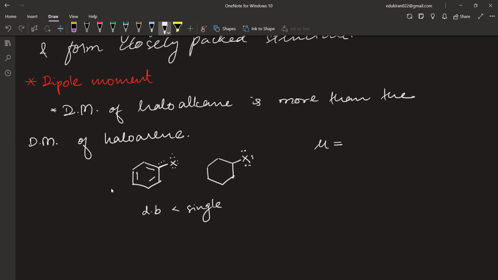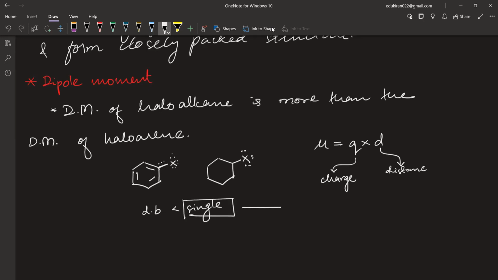You must have studied dipole moment in physics. Mu is equal to Q into D, where Q is the charge and D is the distance of separation.